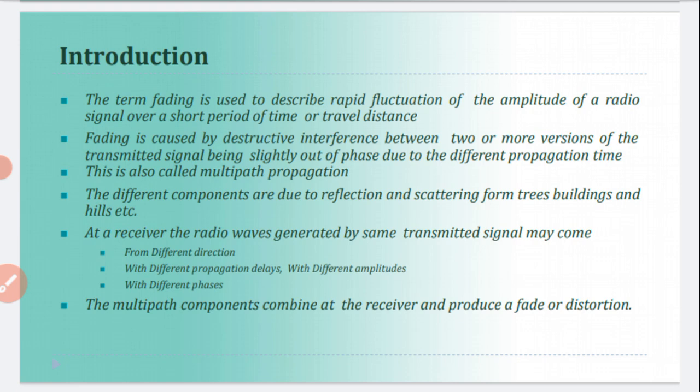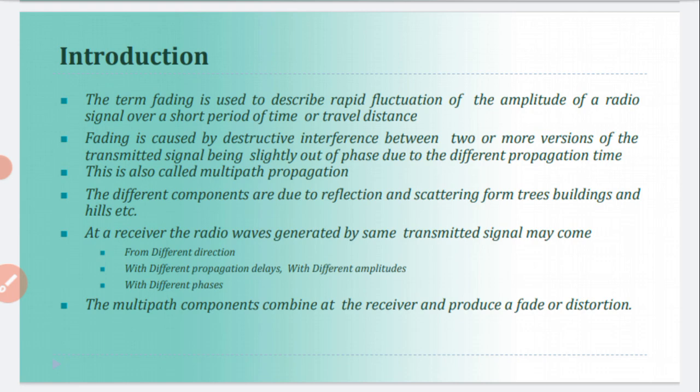It is mainly caused due to the interference between two or more versions of the transmitted signal being slightly out of phase due to different propagation time. Suppose we consider three waves. The first wave arrives at the destination in the correct time. Before that, there will be no other signals reaching the receiver side.